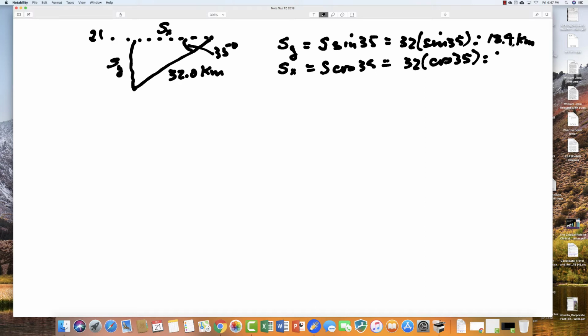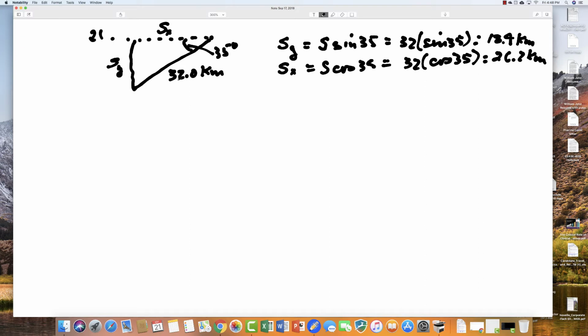And for the west component, we get 26.2 kilometers. And so first you would fly south 18.4, then you would fly west 26.2.